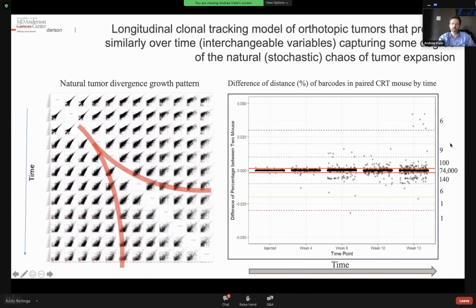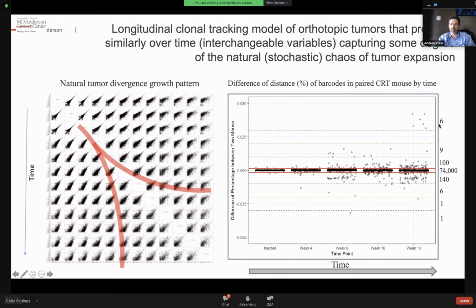For instance, I would like to show you here a plot in which we are displaying the differences in distance, in percentage of barcodes, between 2 animals in the group over time. You can clearly see that at very late time points, the vast majority of the clones are absolutely identical in terms of behavior. They are generating the same number of cells in 2 independent animals in the cohort.